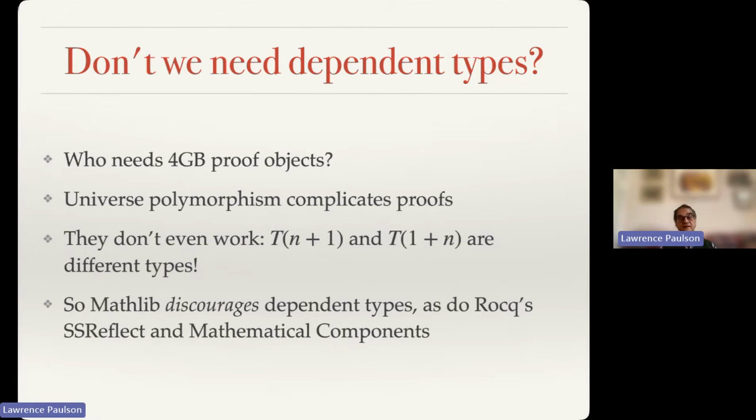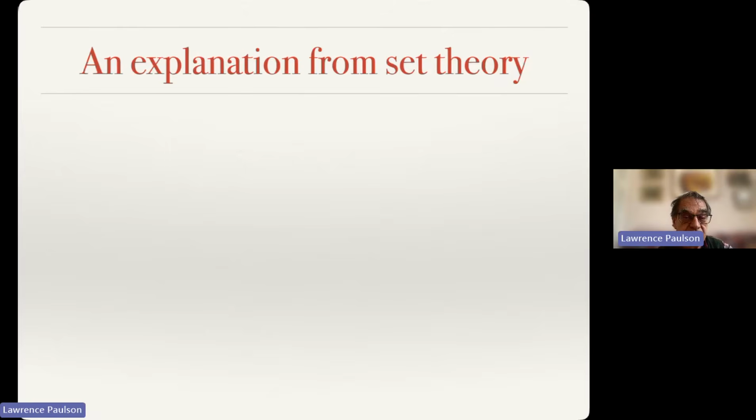It is a fact that dependent types are discouraged both by Lean's MathLib and in Coq, in both SSReflect and the Mathematical Components. All of them discourage the use of dependent types except in the simplest cases. So no, we don't need dependent types.